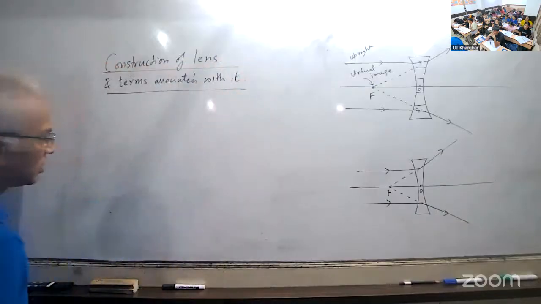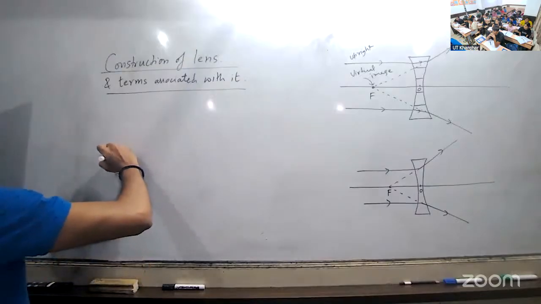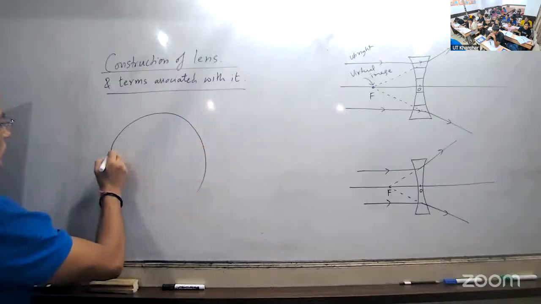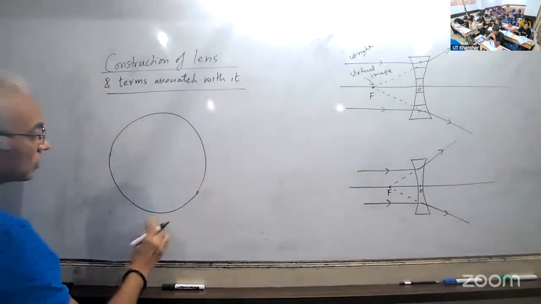Okay. Now let us see how the convex lens is made. A convex lens is made out of two identical solid spheres.